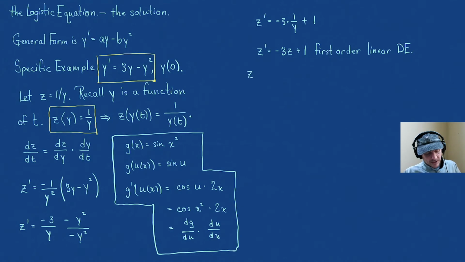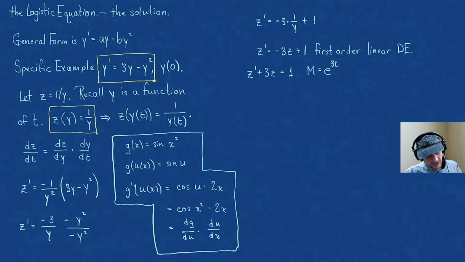If we look at this as z prime plus 3z equal to 1, well, right off the bat, we know our integrating factor m is going to be e to the positive 3t. And also, I'll clarify this.